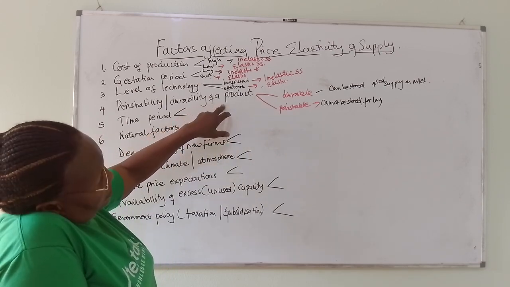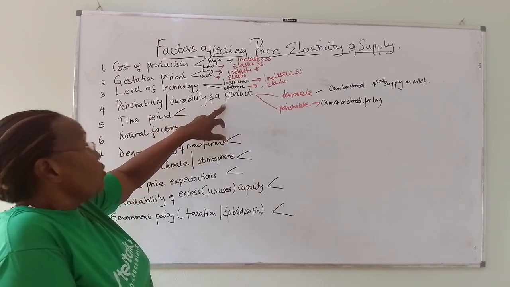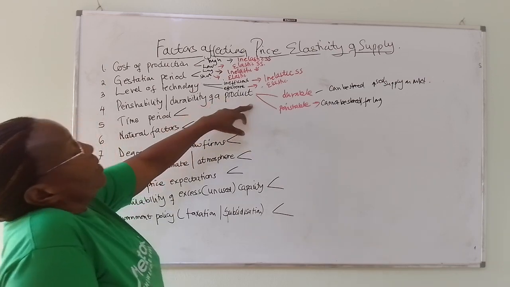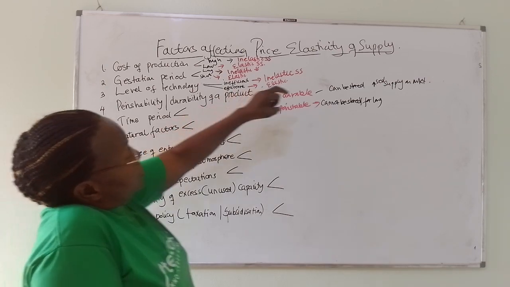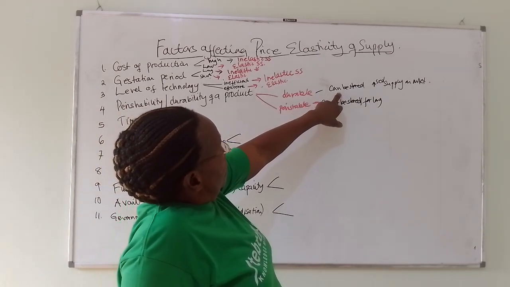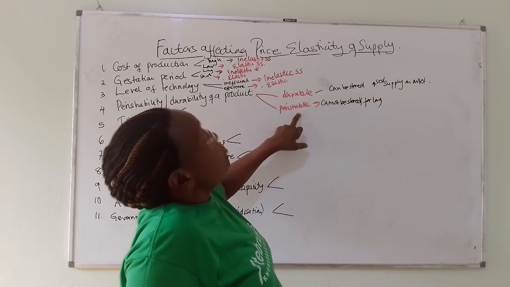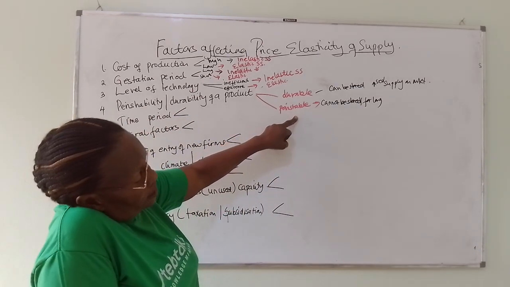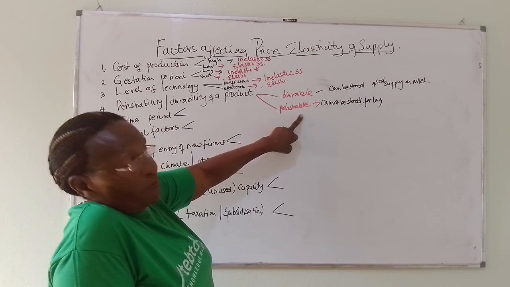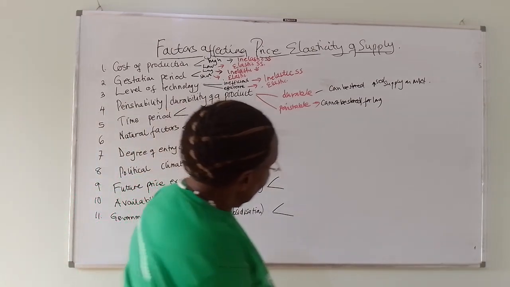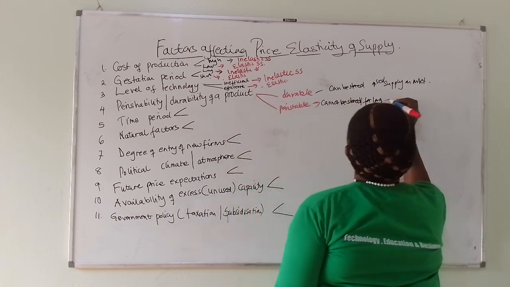If price increases, you are supposed to respond by increasing the quantity supplied thereof. But now they are out of season and you did not have anything stored, not because you never wanted to store, but because they are highly perishable. So, however much the prices may increase, there is no way you are going to increase the supply of those perishable commodities, which makes their supply to be inelastic.